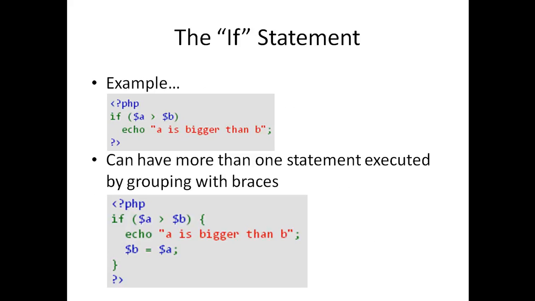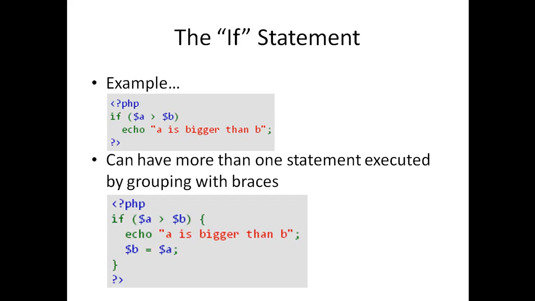Here's an example. If $A is greater than $B, echo A is bigger than B. You can have more than one statement executed by grouping with braces, as I mentioned. If $A is greater than B, echo A is bigger than B, and then set B equal to A. If A is greater than B, setting B equal to A would mean that A is no longer greater than B because they're equal.